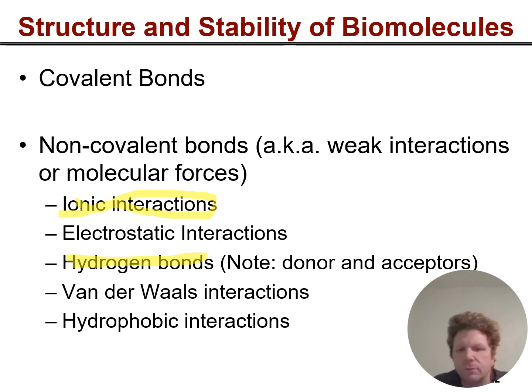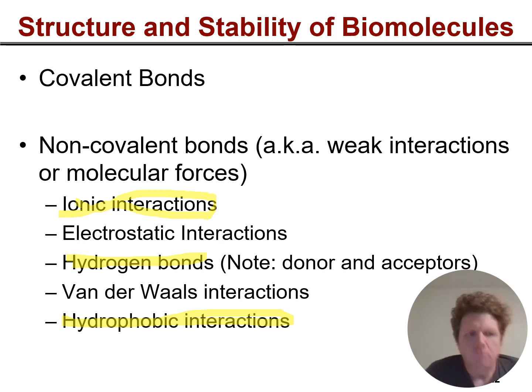When it comes to what we will see in this class, I would say that hydrogen bonds and hydrophobic interactions are the ones we'll talk about most often. Does that mean that ionic or electrostatic interactions don't take place? No, they absolutely do, just as van der Waals or induced dipoles do.